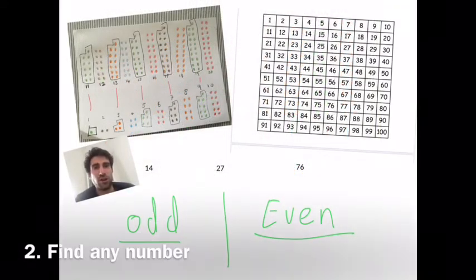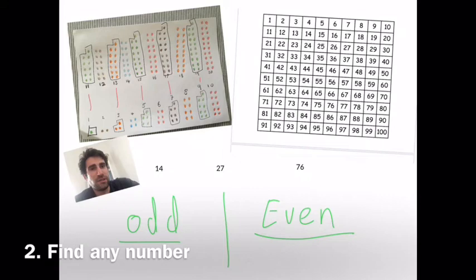So we're first going to start with these three numbers, 14, 27, and 76. Let's start with number 14 to begin with.